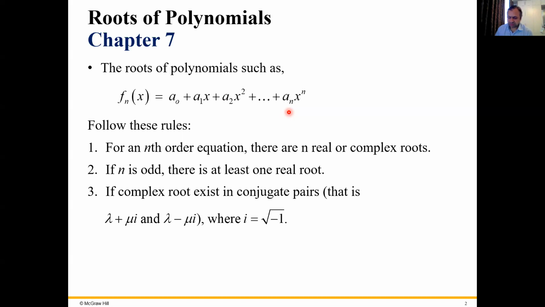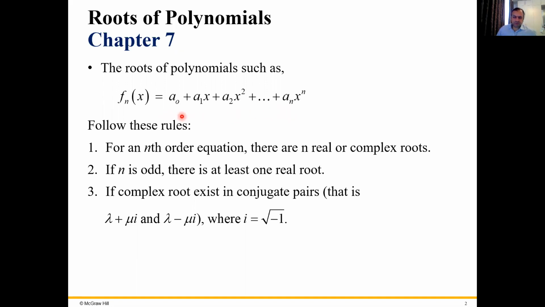The methods we'll be studying in this topic are thus only applicable to polynomial equations. They cannot be applied to other equations which are not polynomials, such as those involving trigonometric functions, exponential functions, etc.